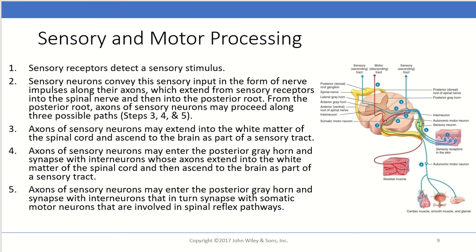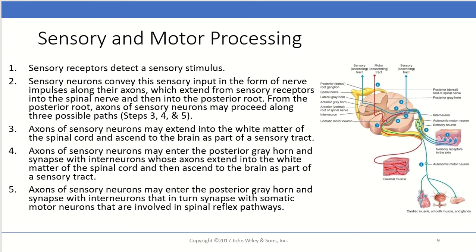The first option is that axons of the sensory neurons may extend into the white matter of the spinal cord and then ascend to the brain as part of that sensory tract. The second option is that axons of sensory neurons may enter the posterior gray horn and synapse with interneurons whose axons are going to extend into the white matter of the spinal cord and then ascend into the brain as part of a sensory tract.